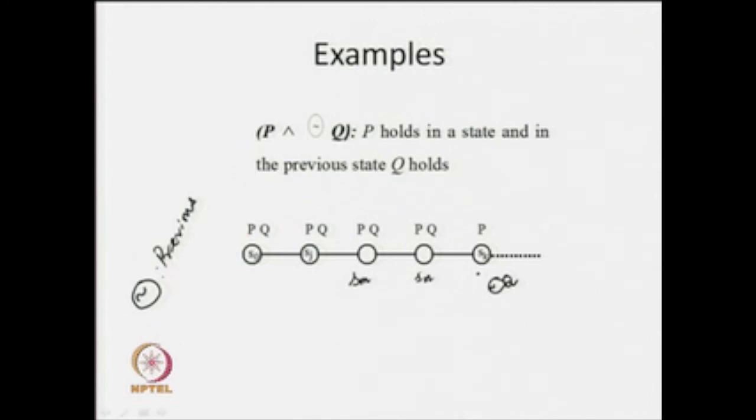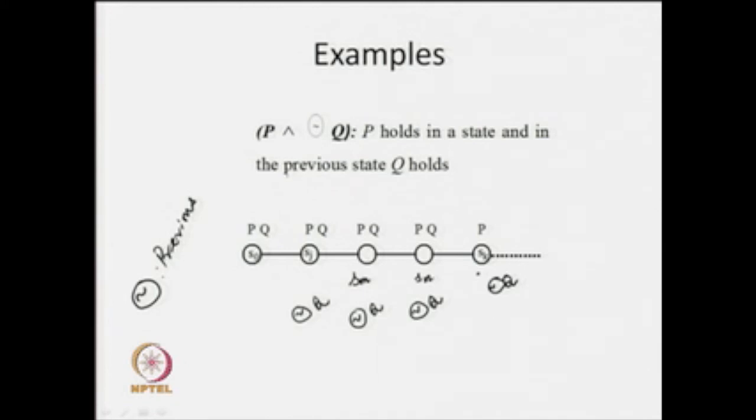So, when I am in your Sn, you will find that in the previous state q is true. So, I will say that previous q is true in this particular state. Similarly, when you come down to this particular state Sm, again you will find that previous q is true. Similarly, in Sj, I will find previous q is true. So, we are talking about p and previous q is true.